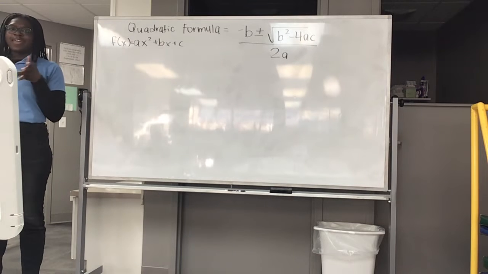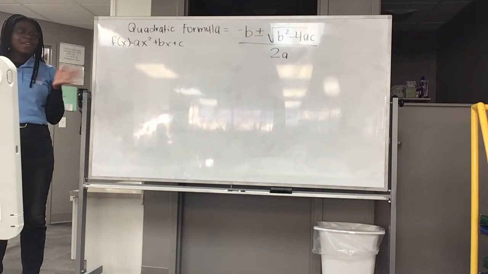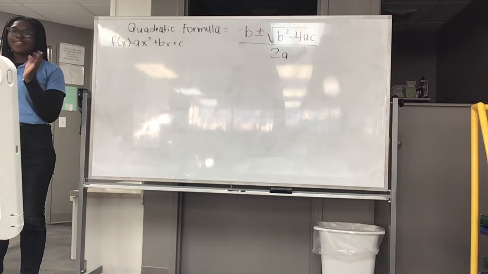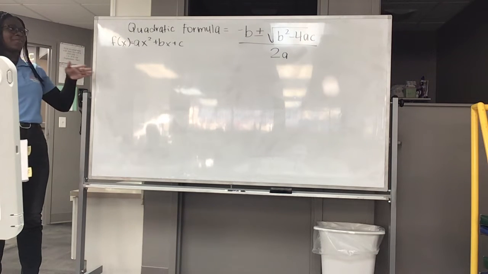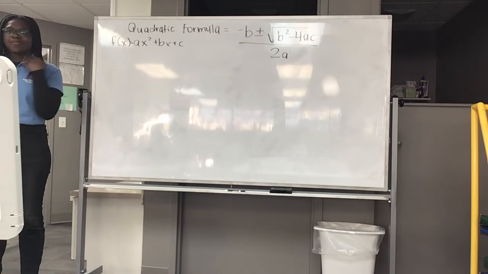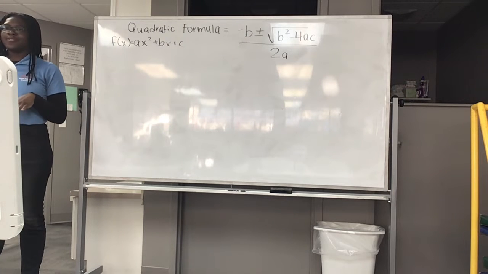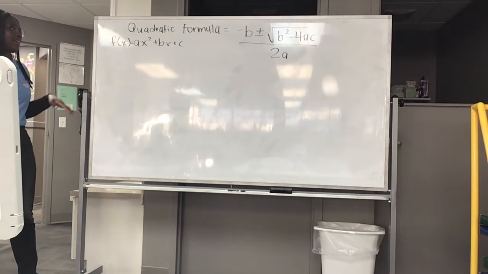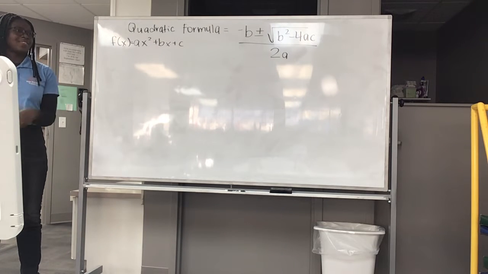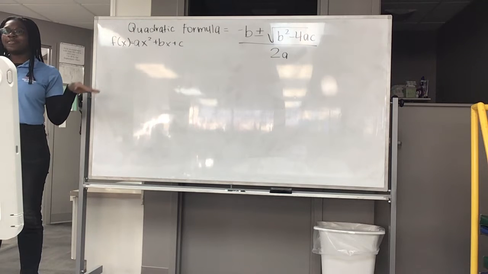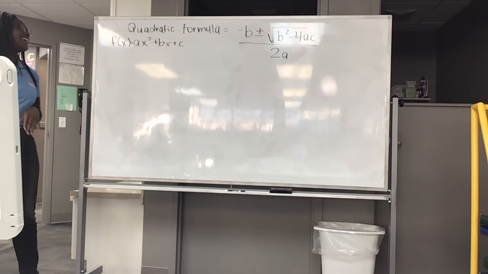I recommend that when you go home, you look up a quadratic formula song, and that can really help you remember this formula. The one that I remember is set to the tune of Pop Goes the Weasel. So if you look up quadratic formula Pop Goes the Weasel, it'll come up, and you can play it on repeat, and then you'll never forget it.